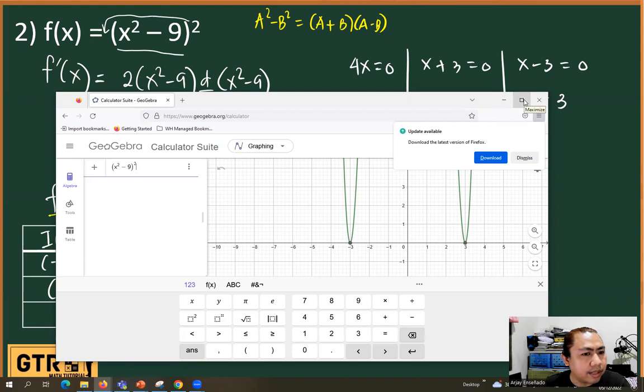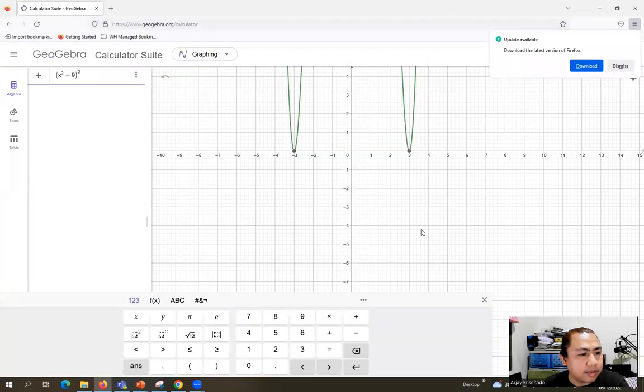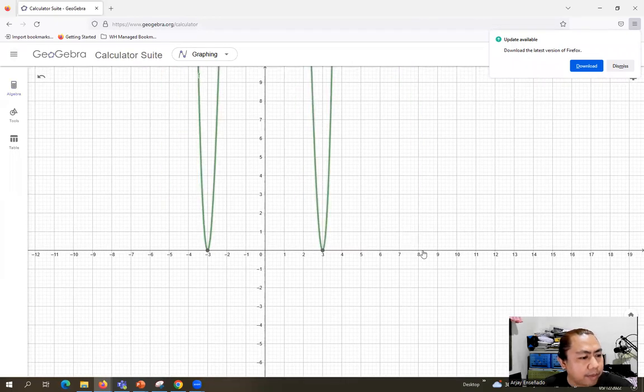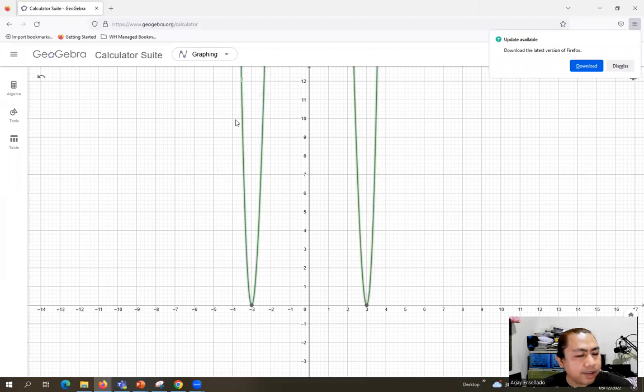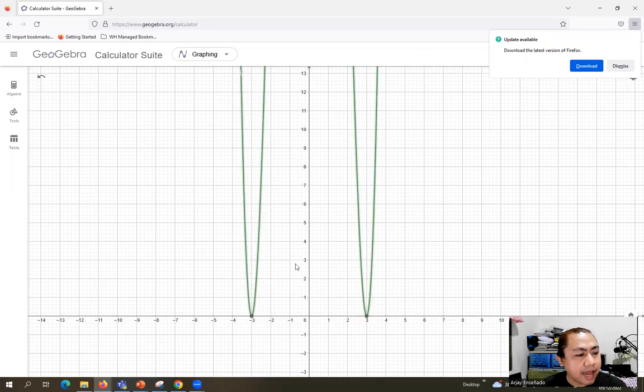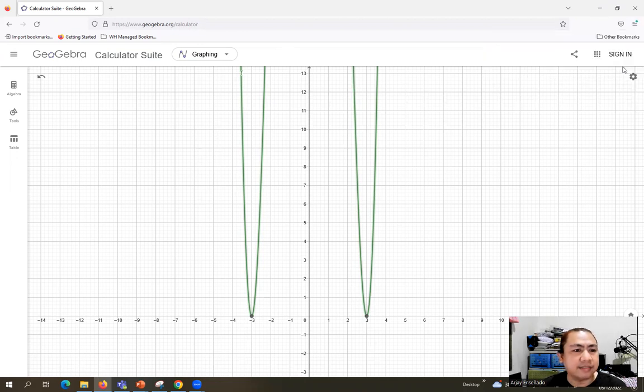Okay, so tingnan natin kung tama yung graph natin. Okay, so tama yung graph natin: from negative infinity up to negative 3 is decreasing, pababa. Negative 3 up to 0 is increasing, pataas, and then decreasing, and then increasing again.